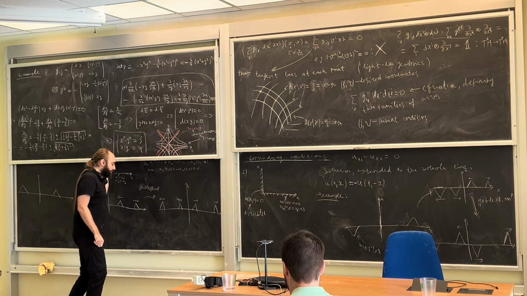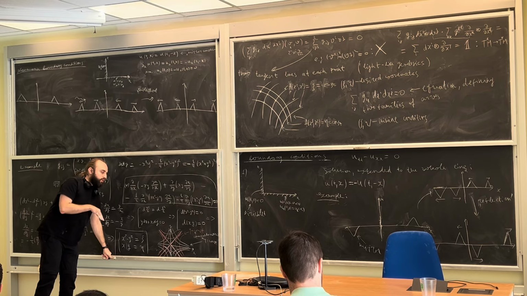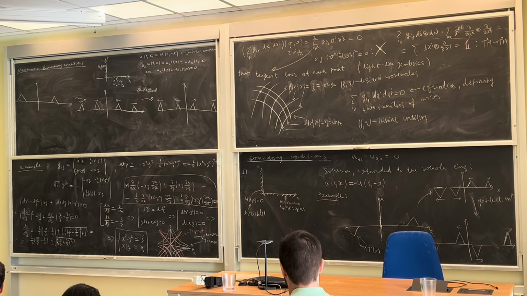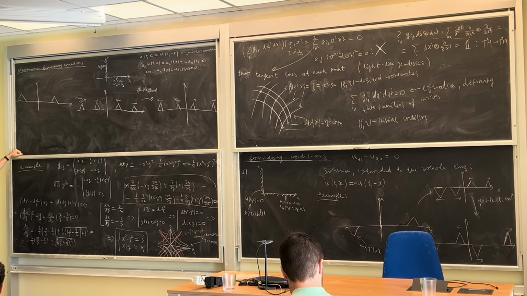Yeah. Last time I said that there are these two types of boundary conditions, and there are also mixed boundary conditions, which we will not study. But actually, there is one more interesting and useful case, which is in some sense the simplest one.